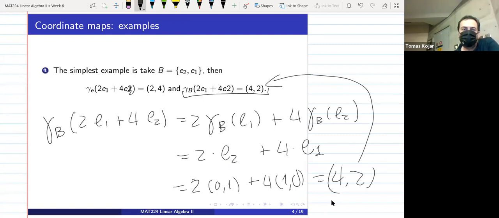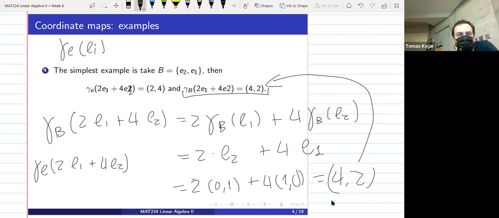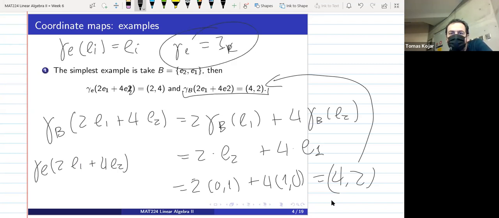Okay. But you could also do it in the standard basis. But then you just map. So gamma of E means that EI goes to EI. So this is like the simplest possible map you can map. You just do nothing, just the identity map. So yeah, gamma of E is actually the identity over Rn.